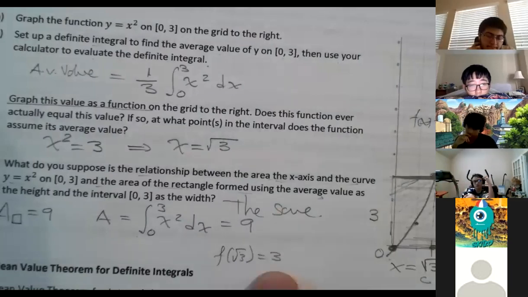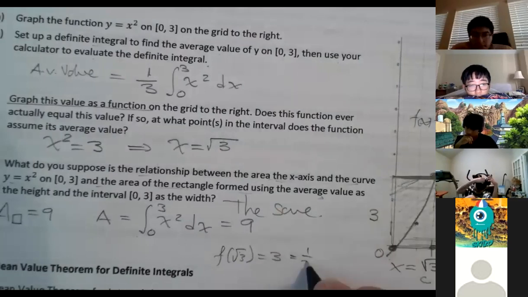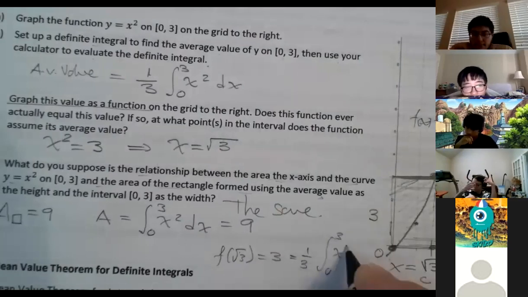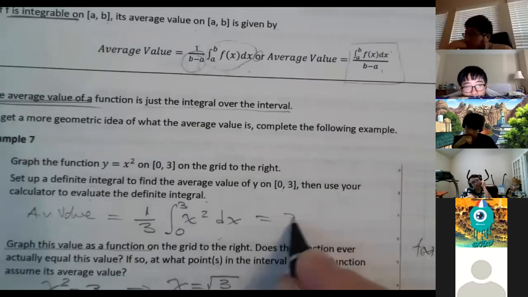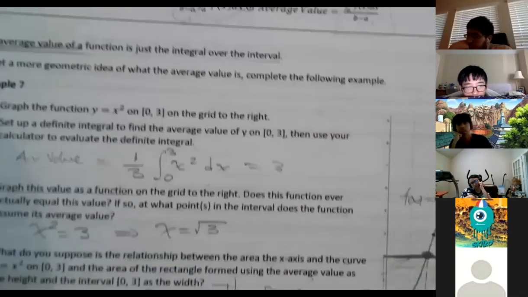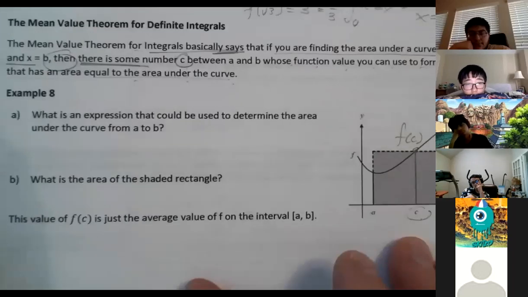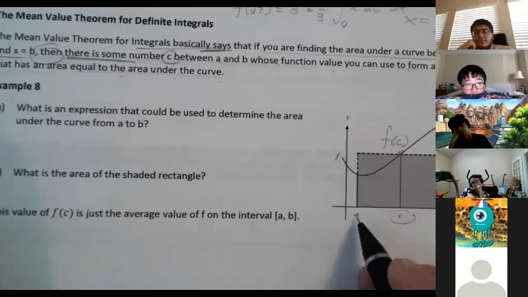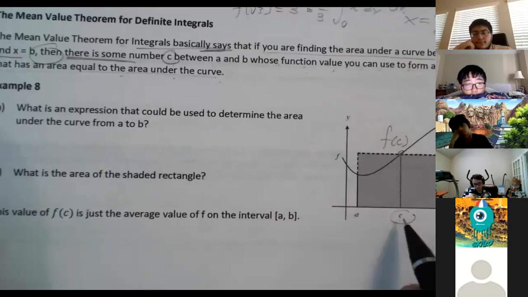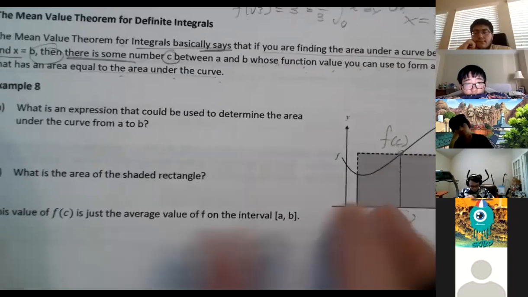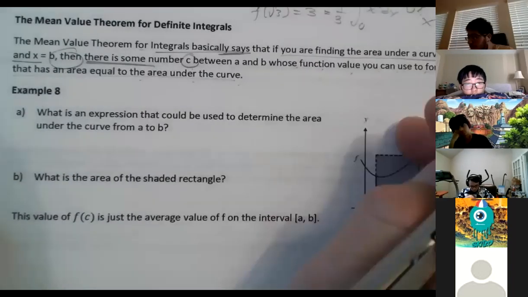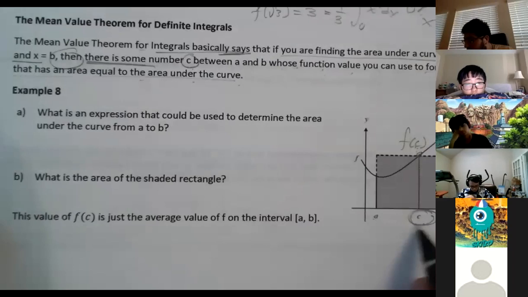But 3 was the average value of the function. Remember that we got this to be equal to 3? So the mean value theorem for integrals is telling me that I can find a value between a and b such that f of c is the average value of that function. Now, it doesn't tell me how to find it. It tells me that it exists, okay?